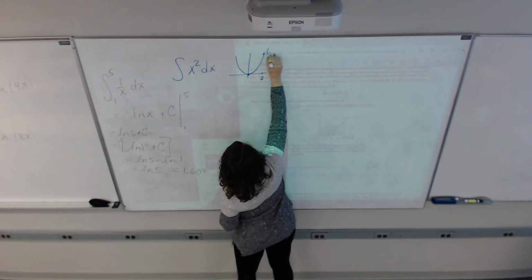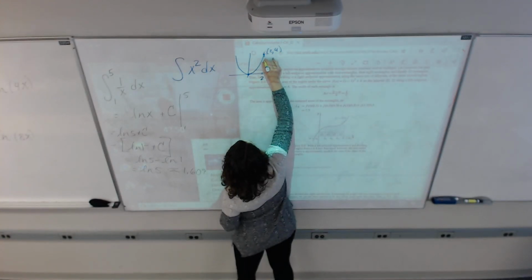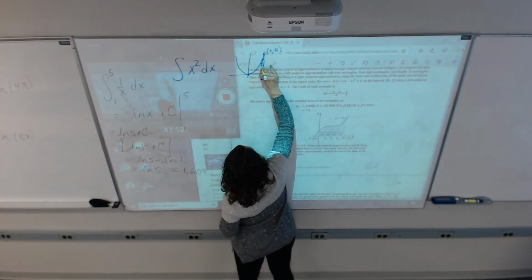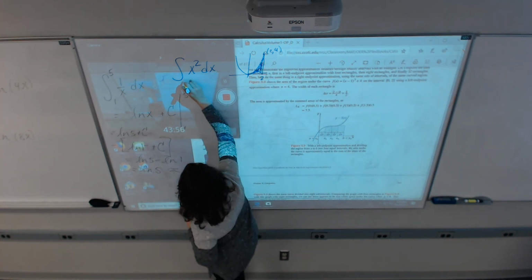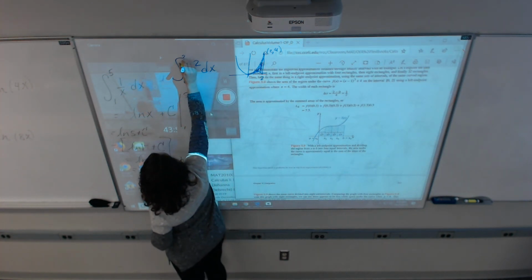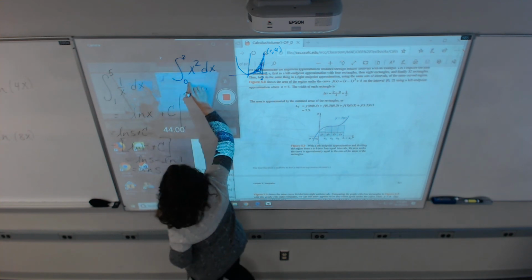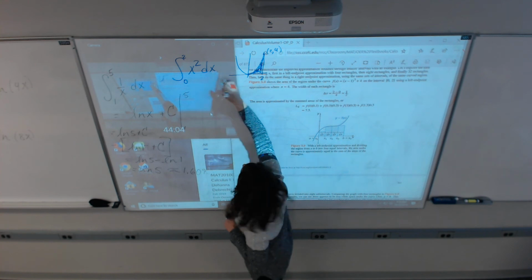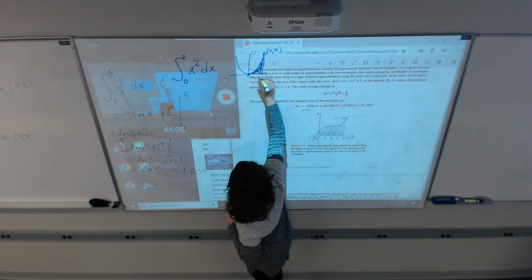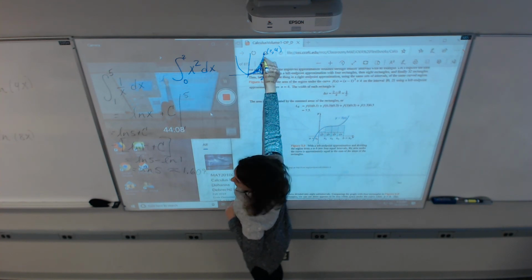So this would be at 2, 4. If I want to know how much area is right there, I need to integrate from 0 to 2. These have to be x values because that's an x value. And this represents that vertical line and that vertical line.